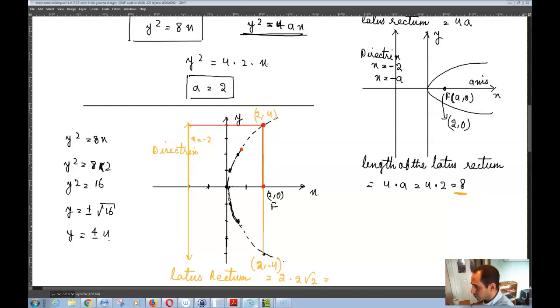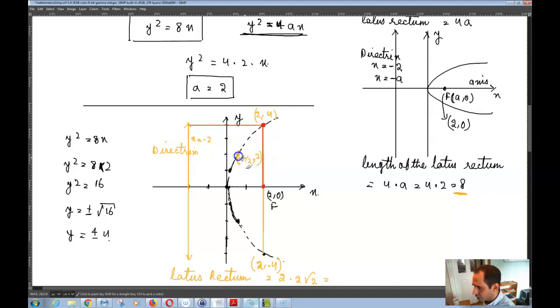Let me calculate a particular point on this parabola. For example, we said that at x is equal to 1/2, this point over here was (1/2, 2).